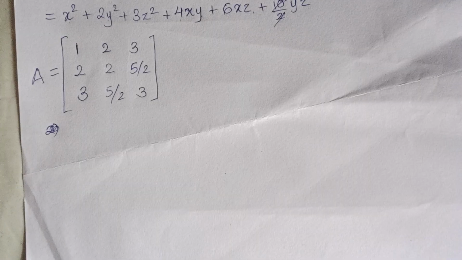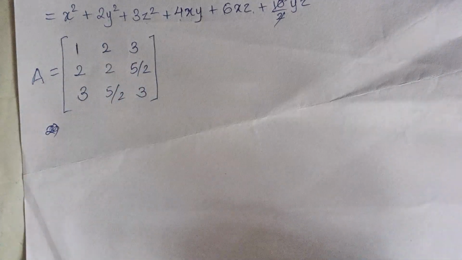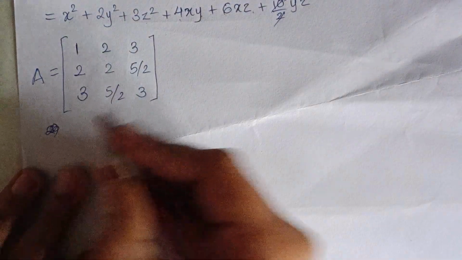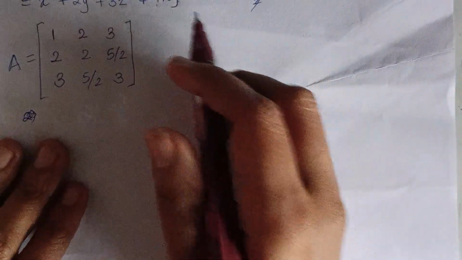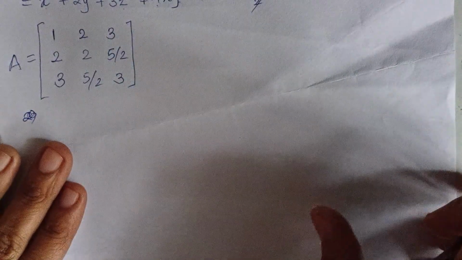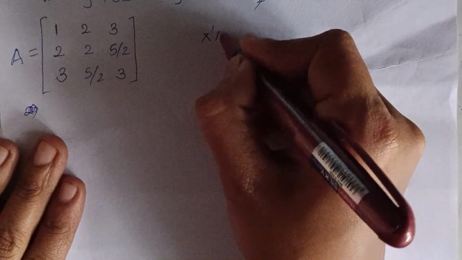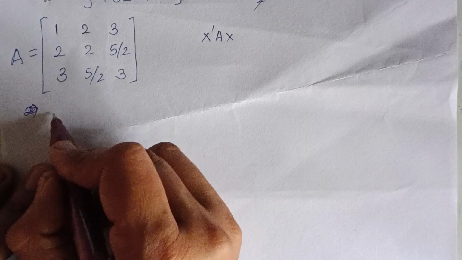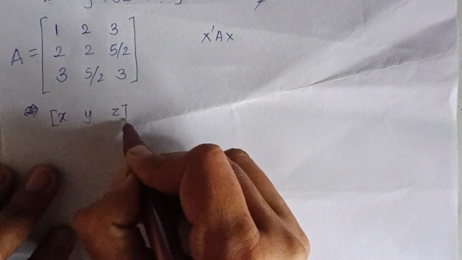Now, if you want to convert this matrix to a quadratic form, then you have to use x dash A x. So first you multiply by the row matrix.